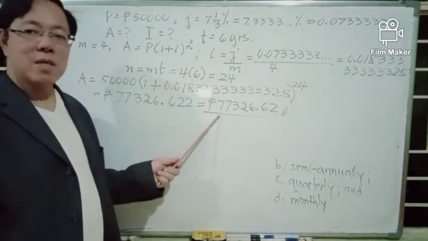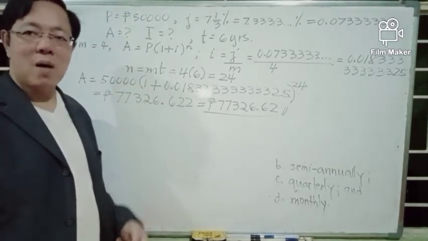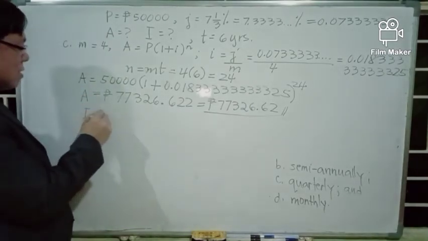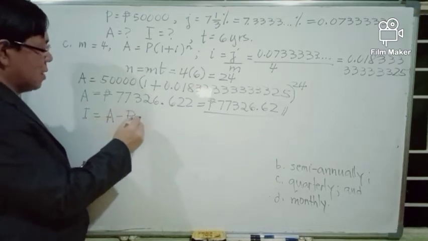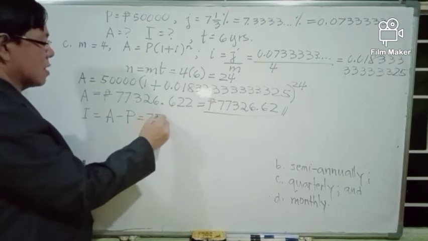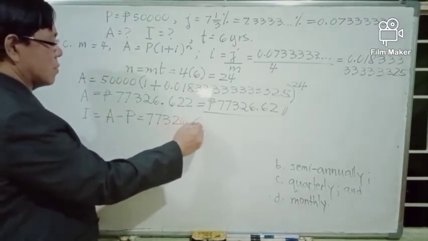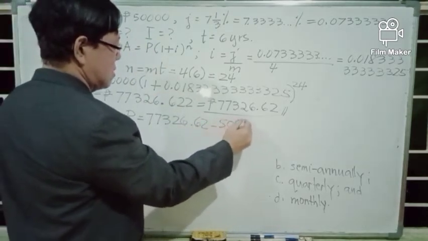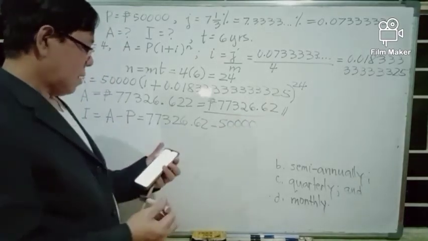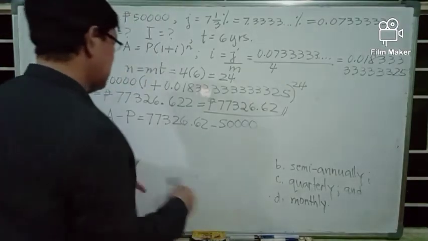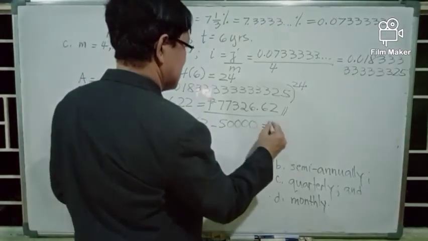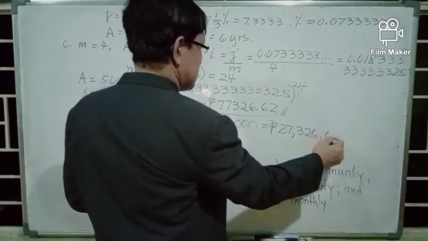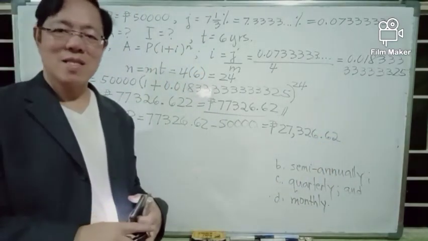From this accumulated value, we subtract the principal of 50,000 pesos to get the amount of compound interest denoted by capital I. Capital I equals accumulated value A minus the principal P. And A is 77,326.62 minus P, the principal, 50,000 pesos. And we should get 27,326.62.